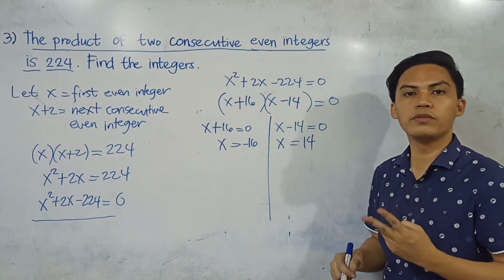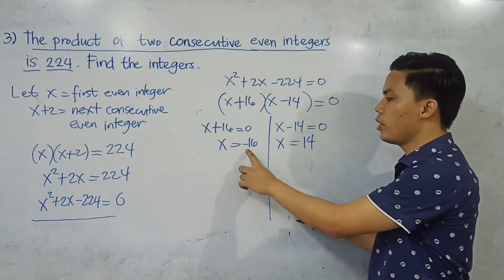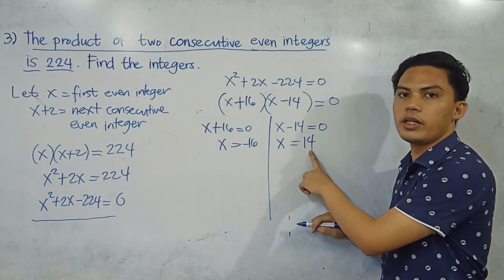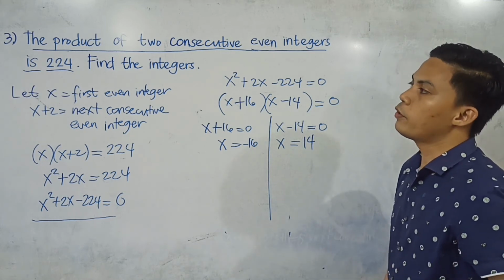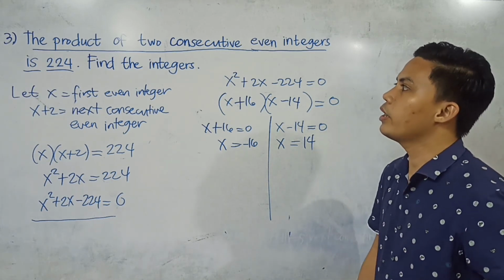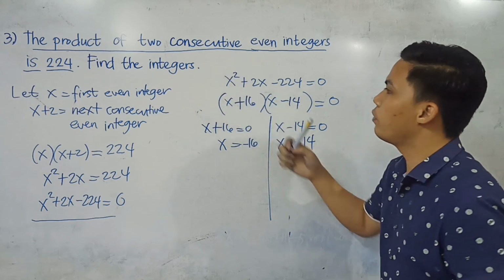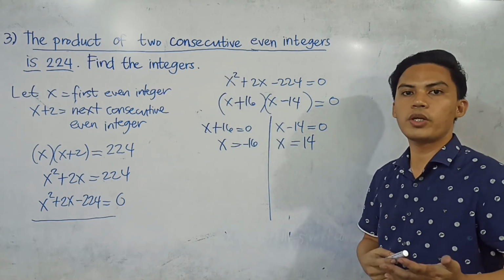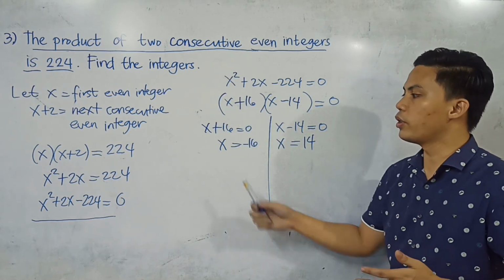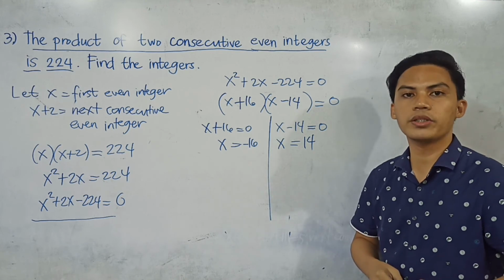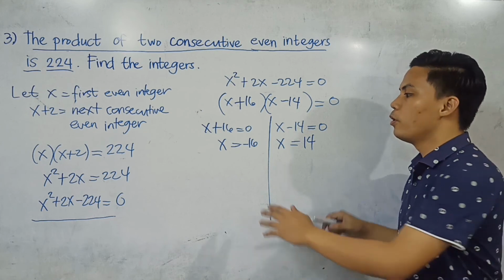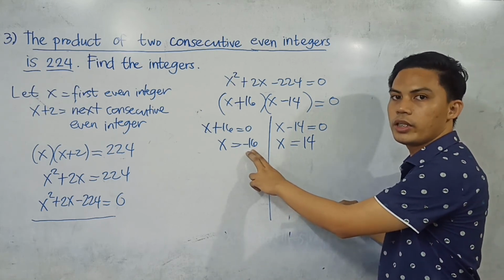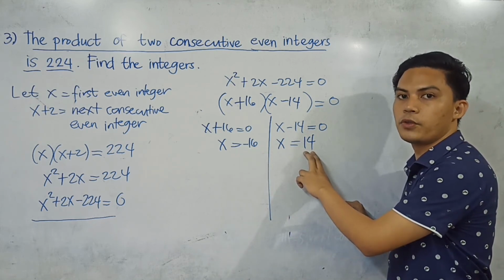So again, we have two values of x, negative 16 and positive 14. Okay, titignan agad natin yung given sa problem or information na binigay sa problem. Nakalagay dito, two consecutive even integers. So yung question, can we consider negative 16 as one of the answers? Yes or no? Okay, pwede. So, pwedeng negative 16 yung sagot natin, pwede namang positive 14.